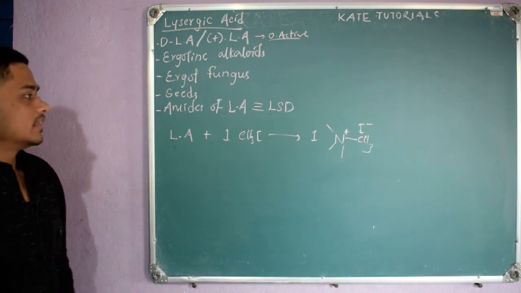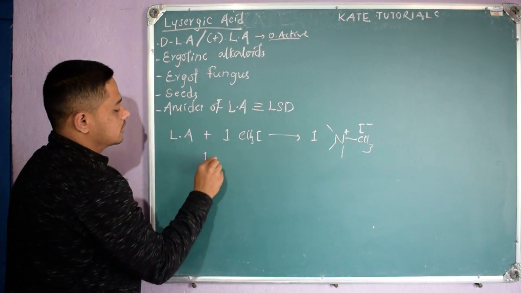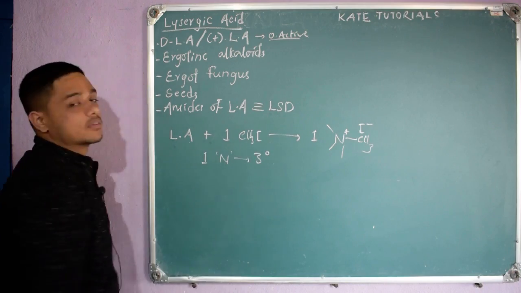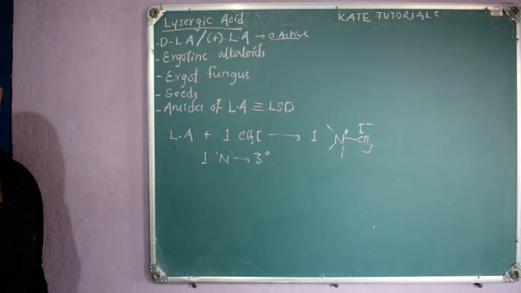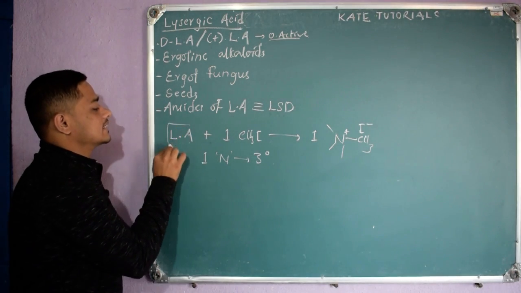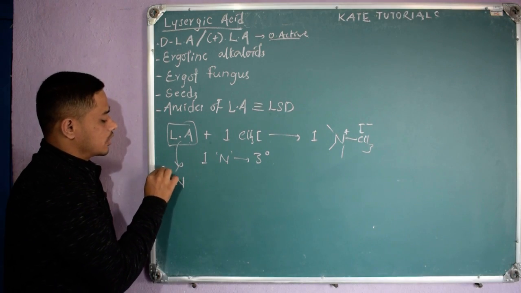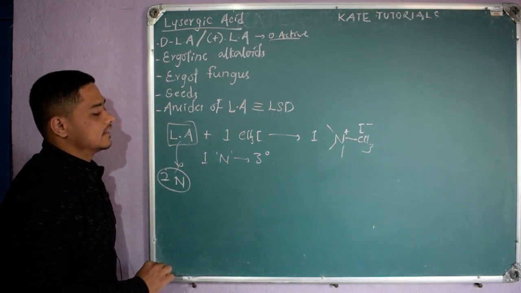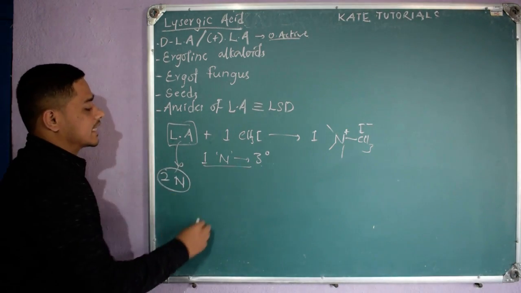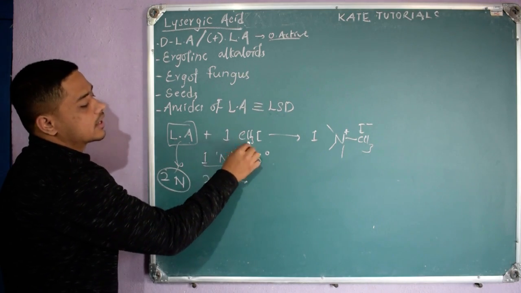It means that this lysergic acid has one nitrogen which is tertiary. But from molecular formula determination, they saw that lysergic acid has two nitrogens. One is tertiary, and as for the nature of the second nitrogen, they saw that it consumed two equivalents of CH3I.